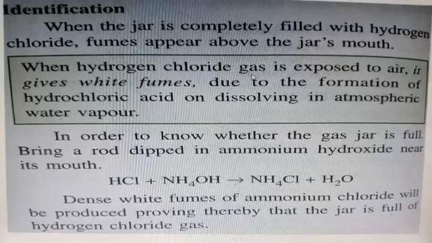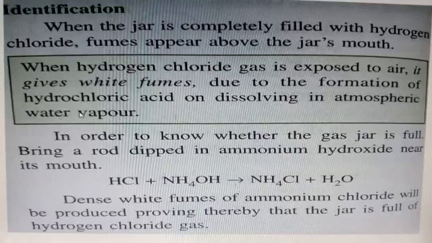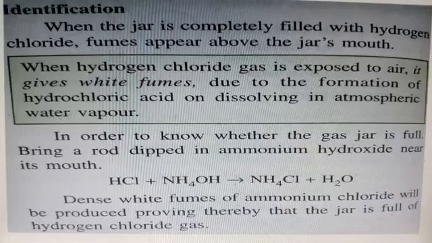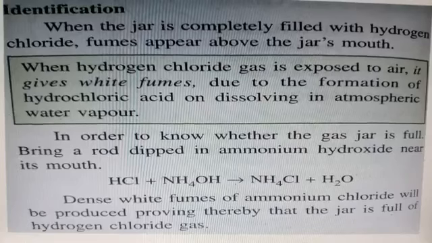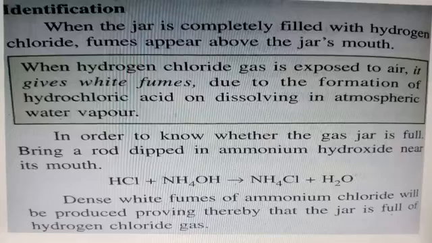When hydrogen chloride gas is exposed to air, it gives white fumes due to the formation of hydrochloric acid on dissolving in atmospheric water vapor. So how do we identify that the gas collected in the jar is hydrogen chloride gas? It can be known by the white fumes coming out, because when hydrogen chloride gas comes in contact with water or water vapor present in the atmosphere, it forms hydrochloric acid.